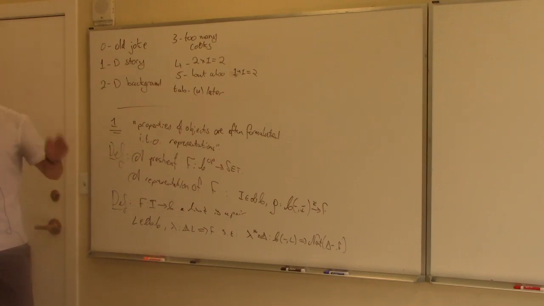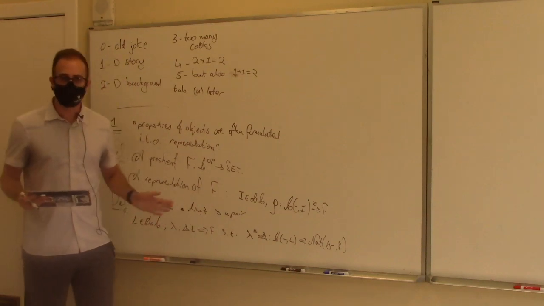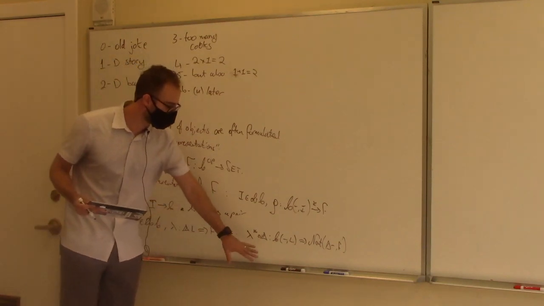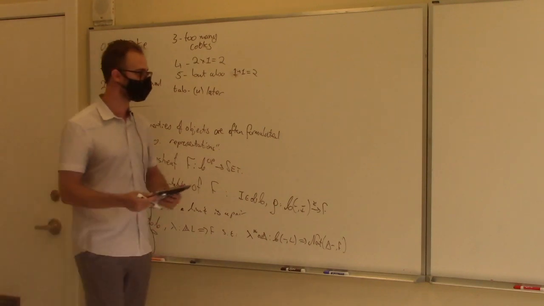And this is, I hope, the usual definition of a limit. So this looks like a representation, except it's not literally a representation because we've asked that some particular thing implements an isomorphism instead of just asking for any old isomorphism.